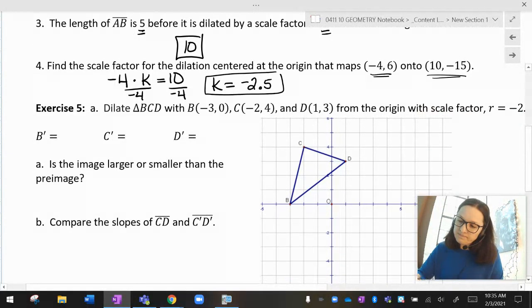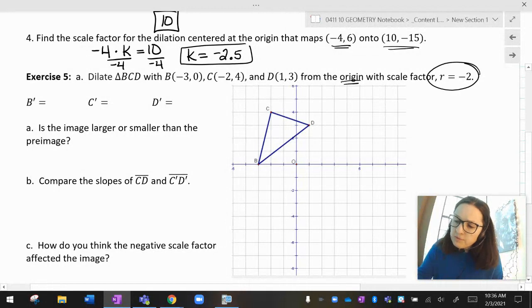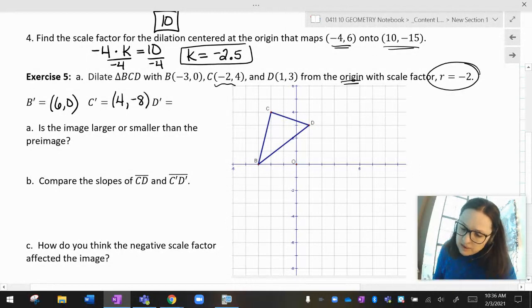All right. As a matter of fact, let's test out what happens when your scale factor is negative. So dilate BCD, with B, C, and D right there, from the origin with a scale factor of -2. Well, if I dilate from the origin, I multiply the points by the scale factor. So -2 times (-3, 0) is going to be (6, 0). -2 times (-2, 4) becomes (4, -8).